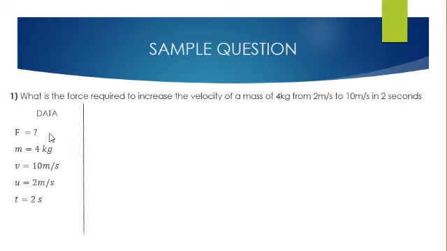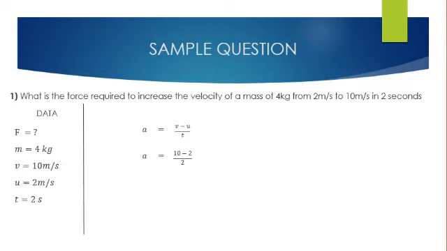Now, in the formula we just derived, we've got acceleration. But as we can see, in this question, we haven't been given acceleration. So what do we do? Well, it's simple. We will find the acceleration. How, you may ask? Remember I told you acceleration is equal to v minus u over t, the expression we had earlier before we simplified.